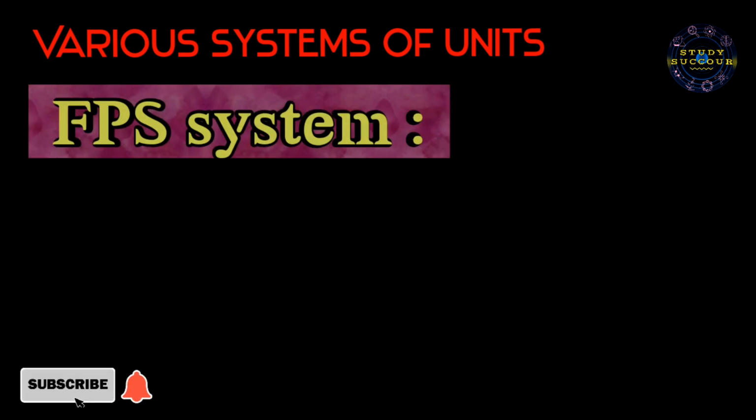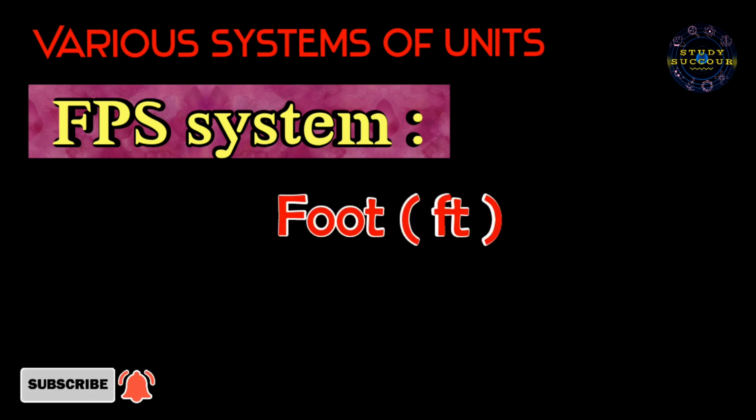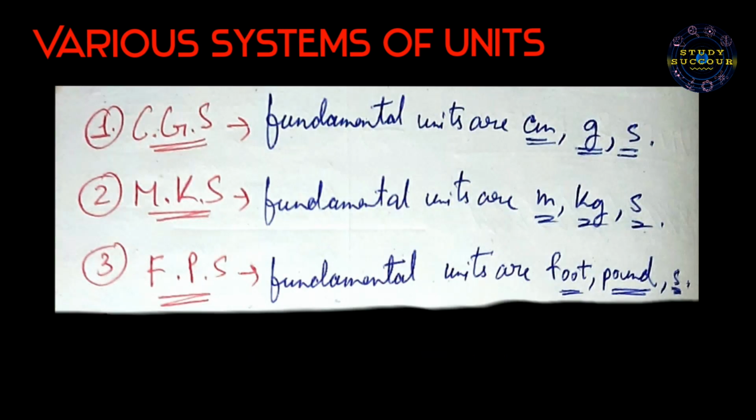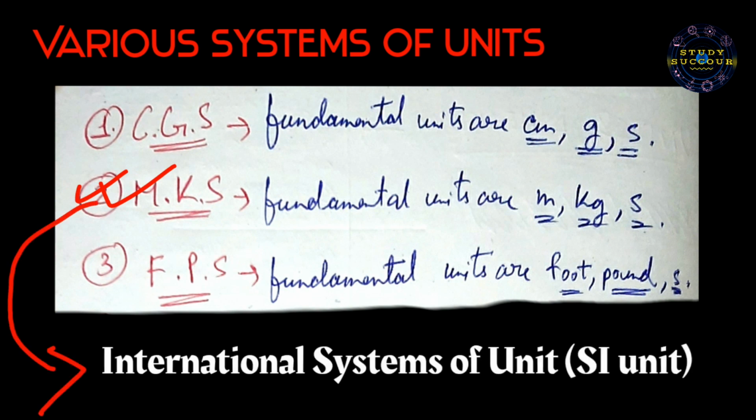Now the third one, FPS system of units, whose fundamental units are foot, pound, and second. Among these three systems, the MKS system of units is commonly used across the globe, so it is termed as the International System of Units, the SI system of units.